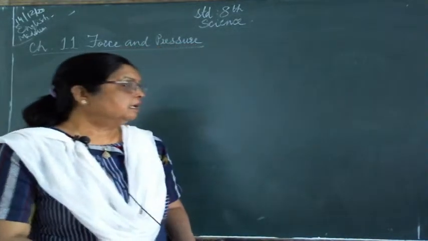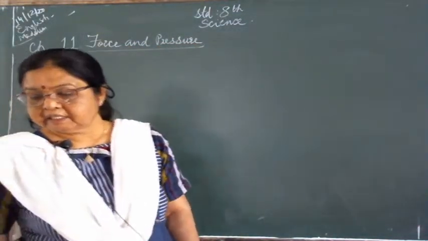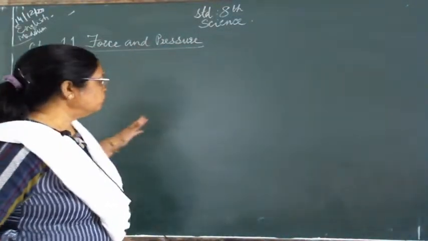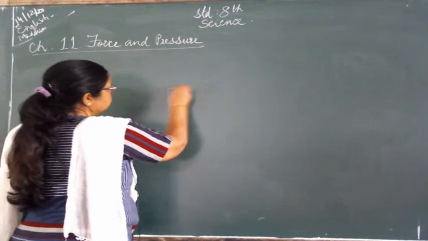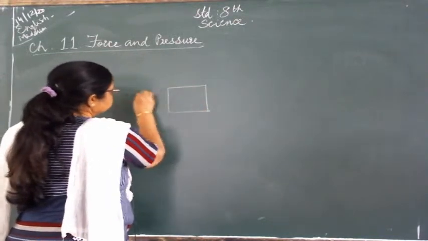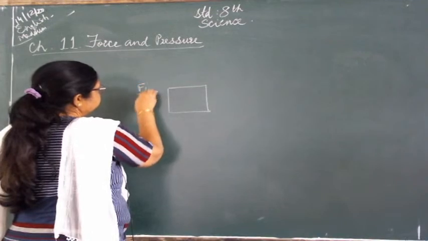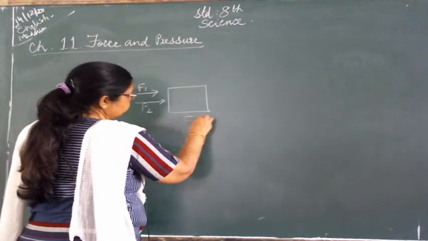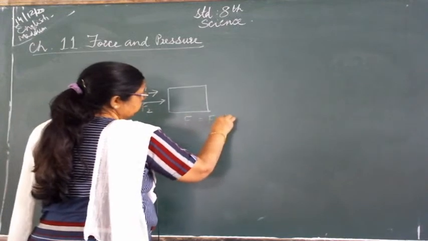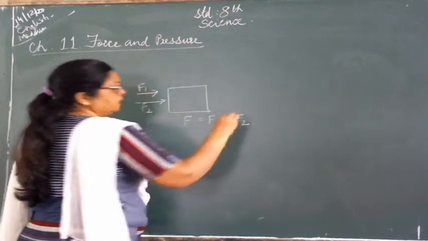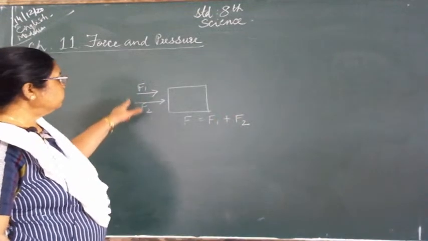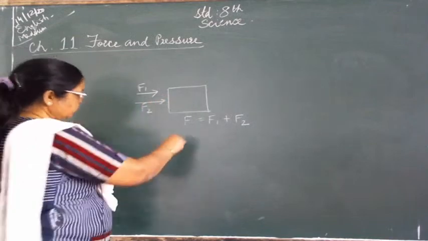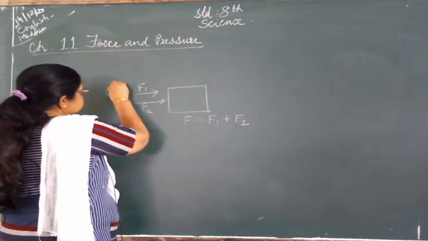If two persons apply force in the same direction on a box, F1 and F2, then the resultant force will be F1 plus F2, because both are applying force in the same direction. This is the first case.